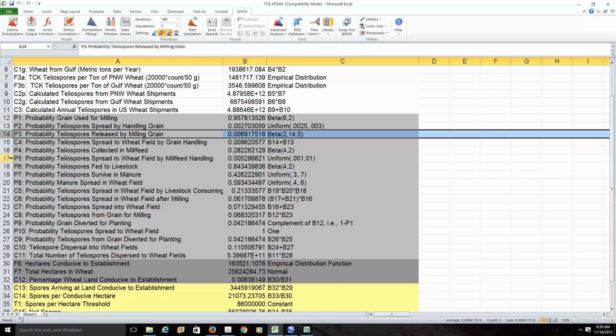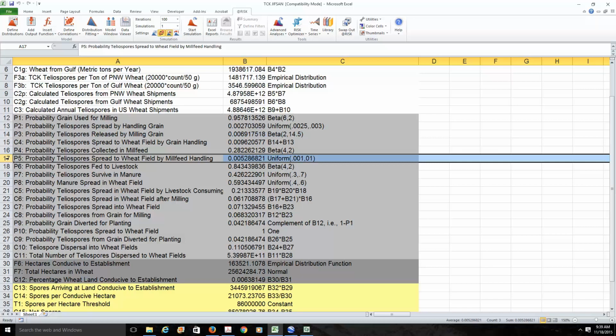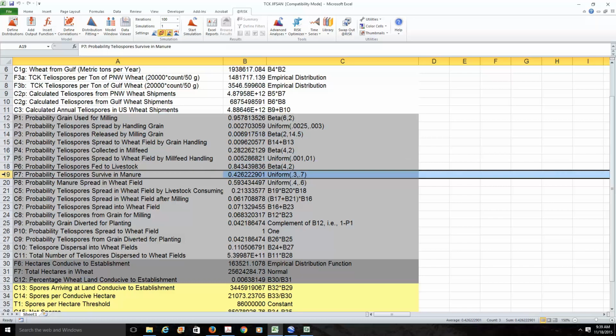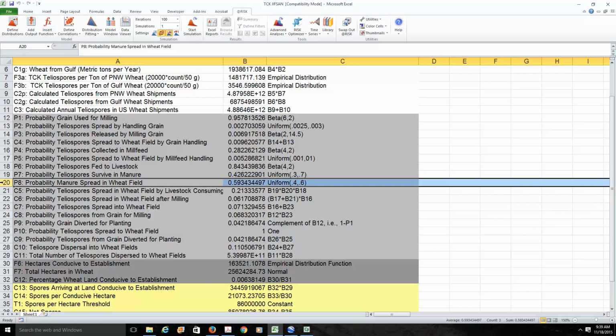We also have down here spores that would be fed to livestock. So here in row 18, we have some spores that would be fed to livestock. The livestock would go out in the fields and do what they do naturally. And we looked at every way we could imagine that spores could get from the dock to wheatland.